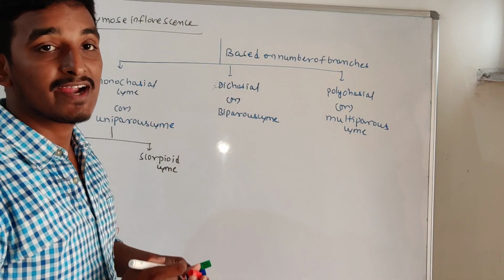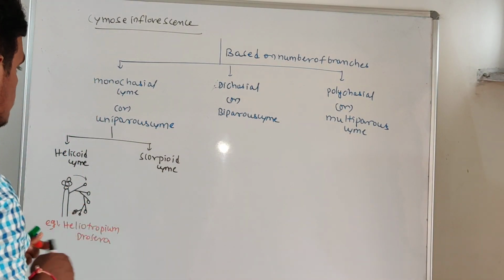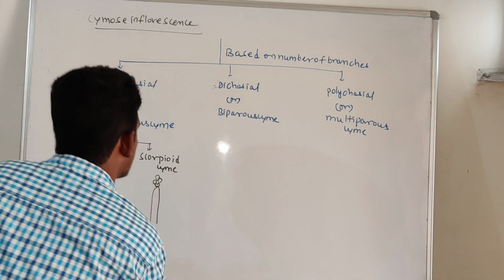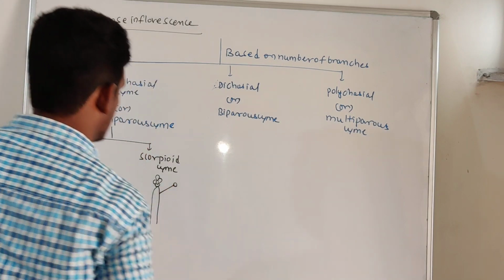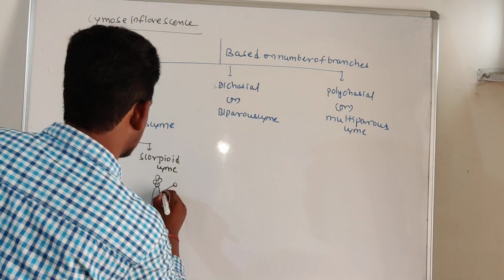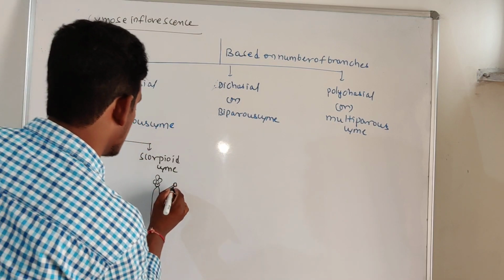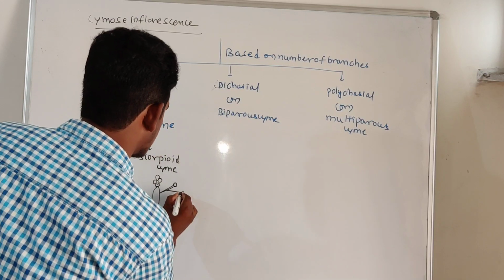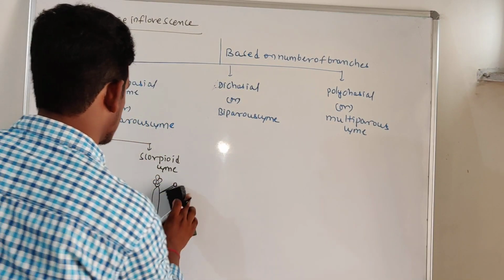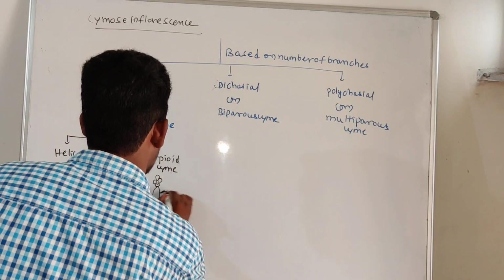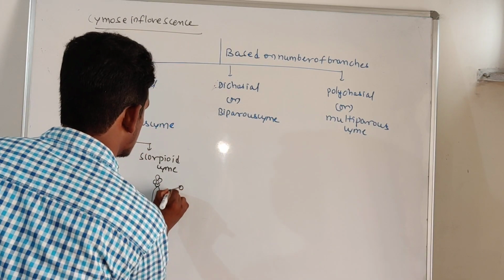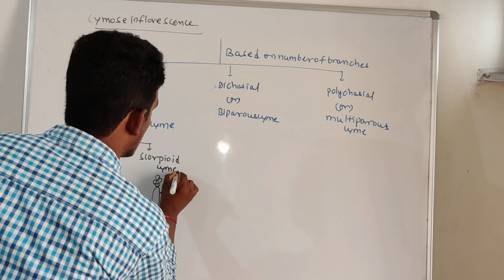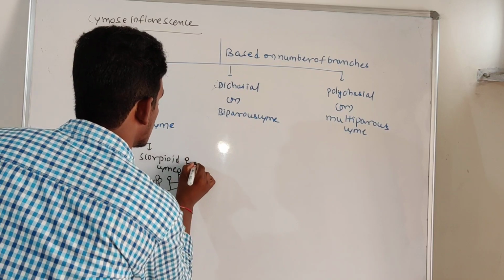Now what is a scorpioid cyme? In the scorpioid cyme, the peduncle terminates with a single flower. Here it produces flower branches, and each branch produces flowers. The next one originates opposite to the first one, and the next opposite to that one, right?